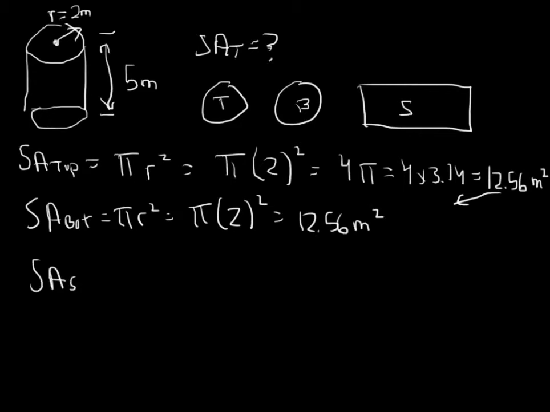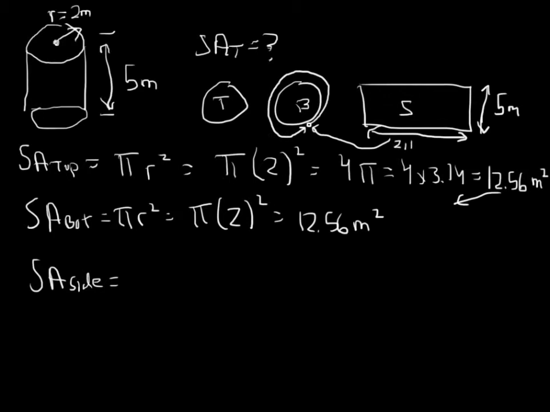Now, the surface area of the side. We know that this has a height of 5 meters. We also know from the previous video that the length of this is just the circumference of the circle, which is 2 times pi times the radius. If you haven't watched the previous video, imagine making an incision here and unraveling it.